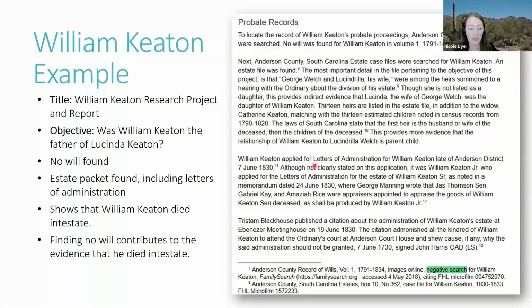Then we can figure out that he died intestate and that there isn't going to be a will, so we'll have to analyze the estate packet to find his children or heirs. So in this case, it was helpful to include both negative and positive findings.